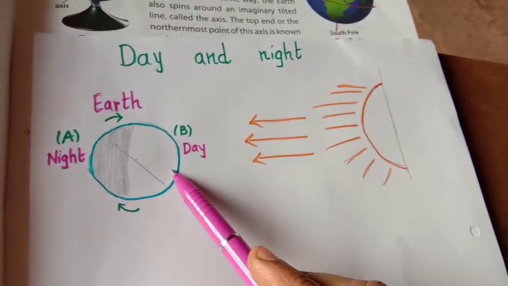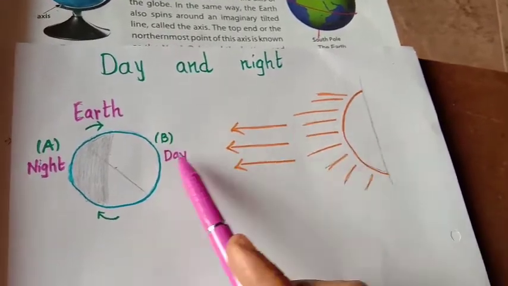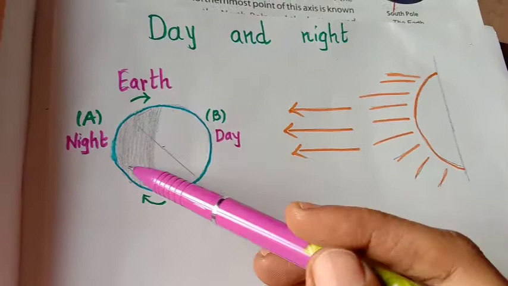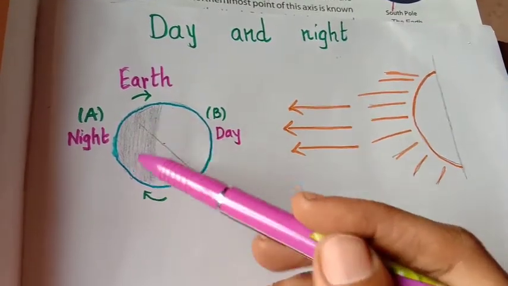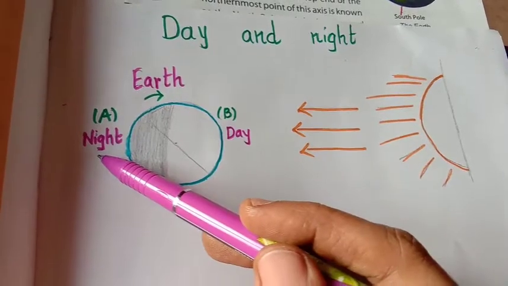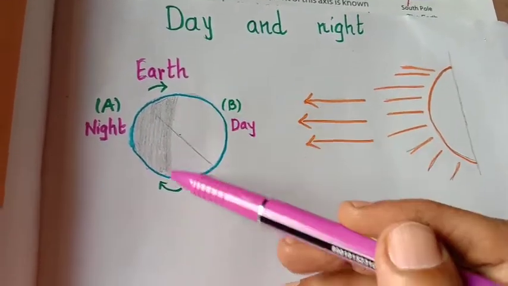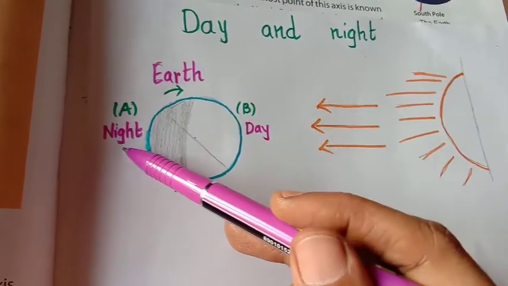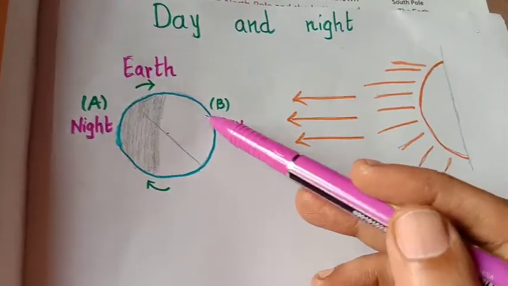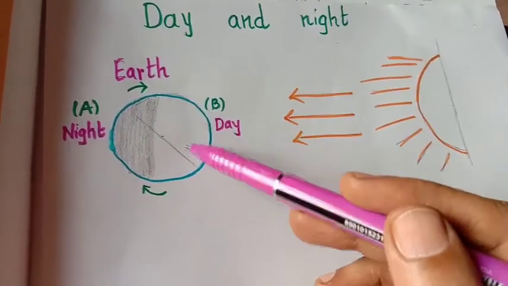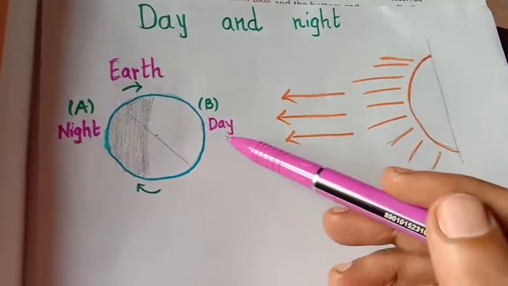So the part of the Earth that faces the sun, you can see it's light, and the part which is away from the sun is dark. So this dark part is the night. All the places on this part of the Earth have night, and all the places that are in the lighter part have day.